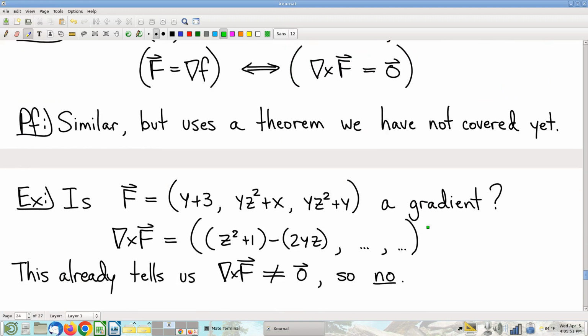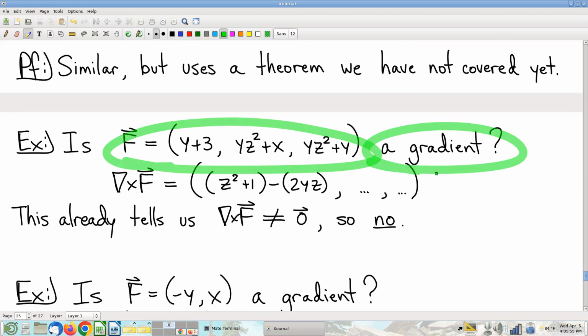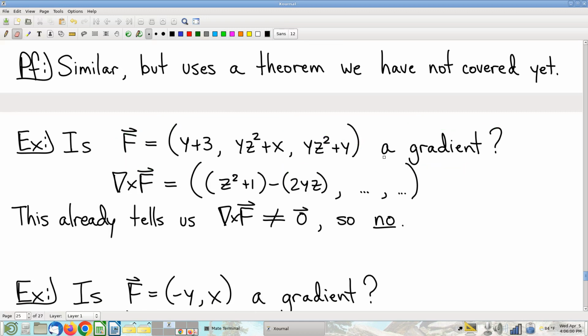Okay. All right, so quick example. Here is a vector field. Is this vector field a gradient, I ask? All right, well, let's see here. First thing to observe, there are 3 coordinates for this vector field. We're in R3. You can't talk about Green's operator on this vector field.